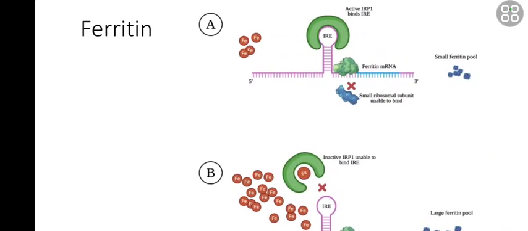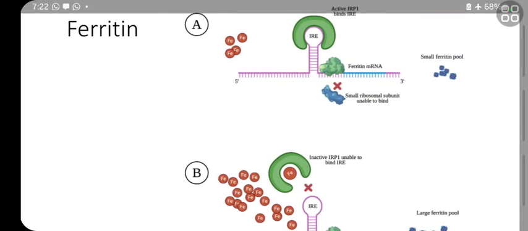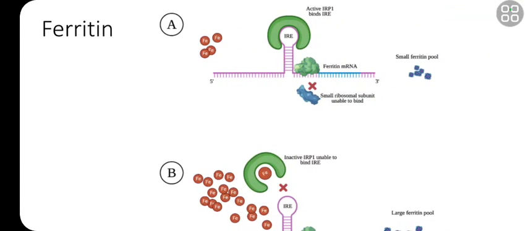So when a small amount of iron is present, there is the IRE, or iron response element, which is a particular regulatory portion on the gene. To this IRE, another protein known as IRP, or iron regulatory protein, will bind.